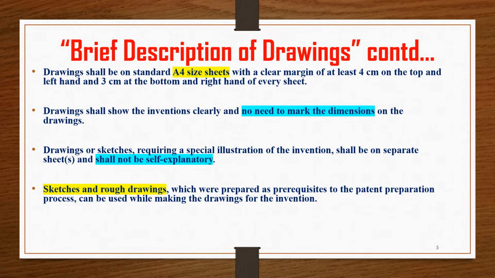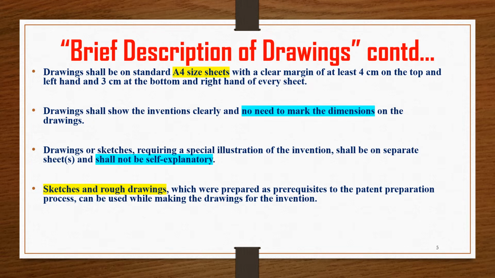So here in this slide, brief description of drawings is continued. The point is, drawings shall be on standard A4 size sheets with a clear margin of at least 4 cm on the top and left hand and 3 cm at the bottom and right hand of every sheet.